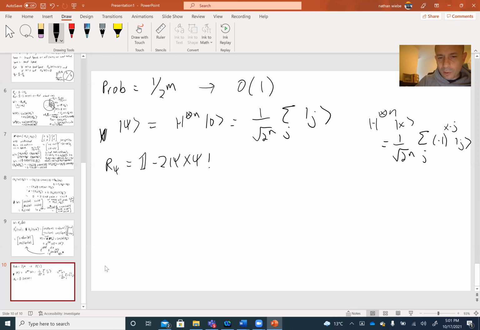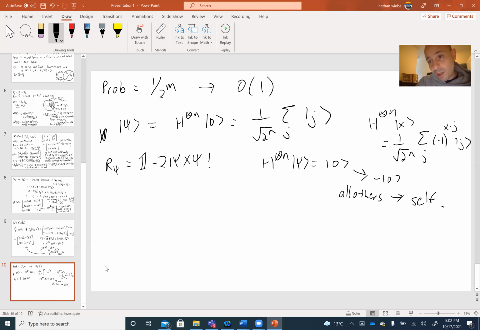So we can walk backwards: Hadamard tensor n acting on psi is equal to 0. We want to reflect about psi, so we want to give a minus sign if the state is psi. So we want to build a quantum circuit that, after applying Hadamard transforms, maps 0 to minus 0 and all other states to themselves.